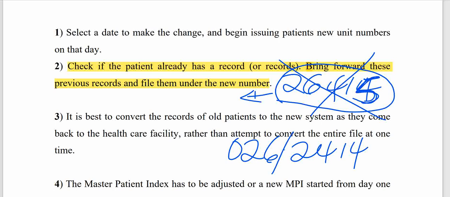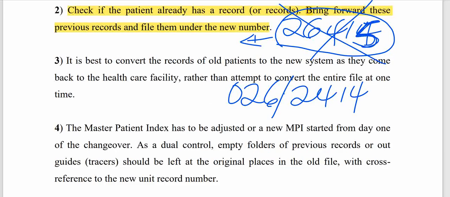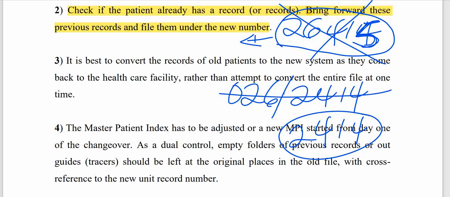So meaning that we are going to remain only with 2414. This is the only one. You're not going to have this. So we must check if there were some records created under this number and we bring them together in one folder. That's what I mean by bringing them forward.